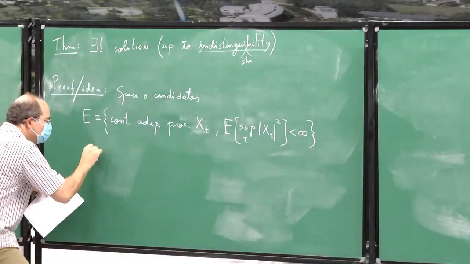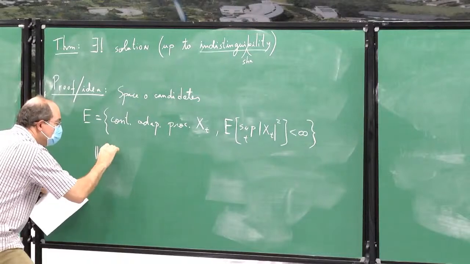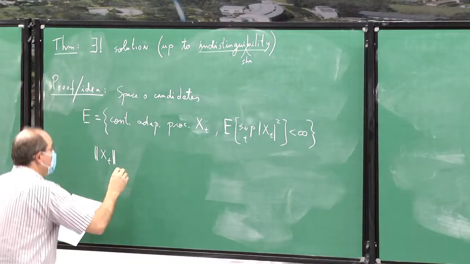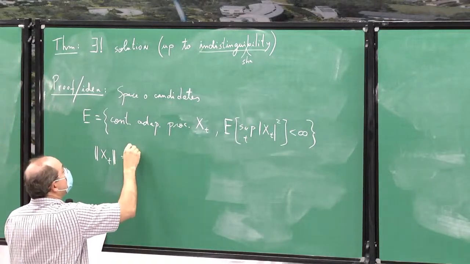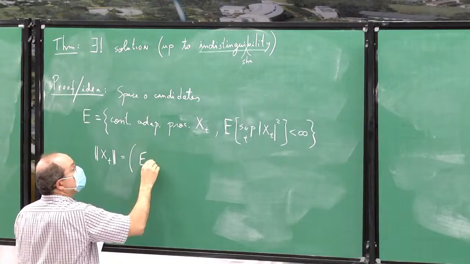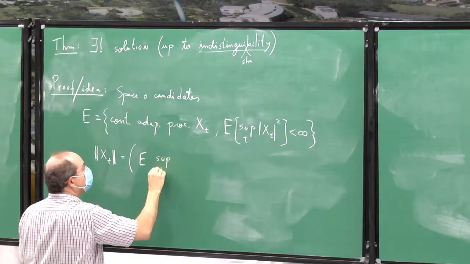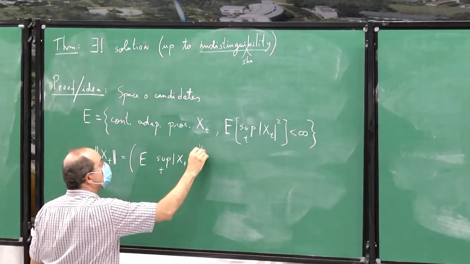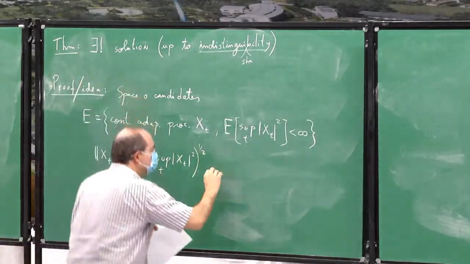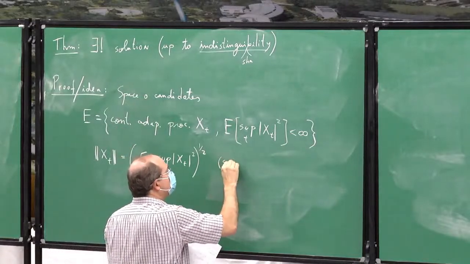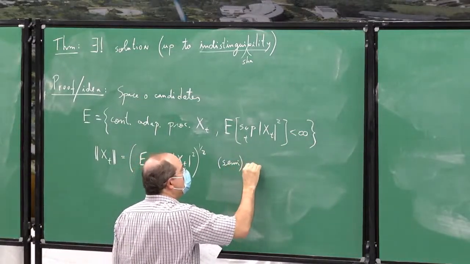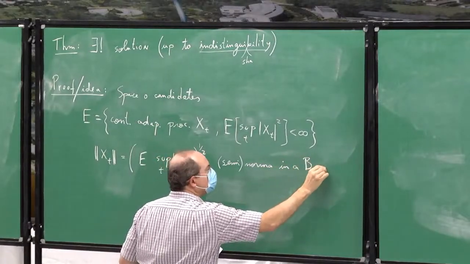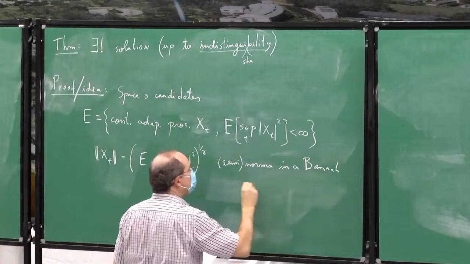The norm here equals the square root of the expectation of the sup over t of X_t squared. This is, if you wish, a semi-norm in a Banach space.